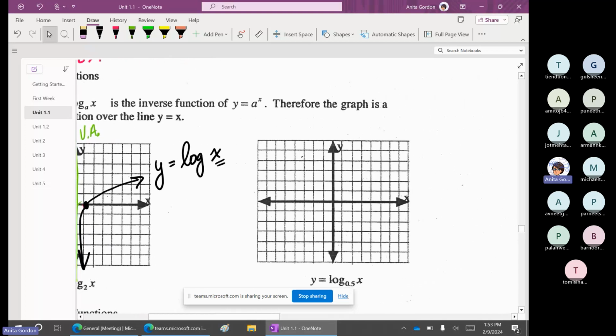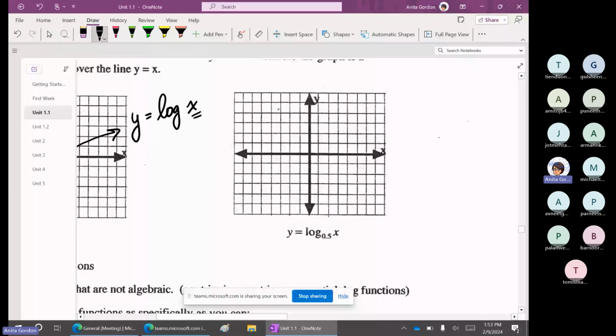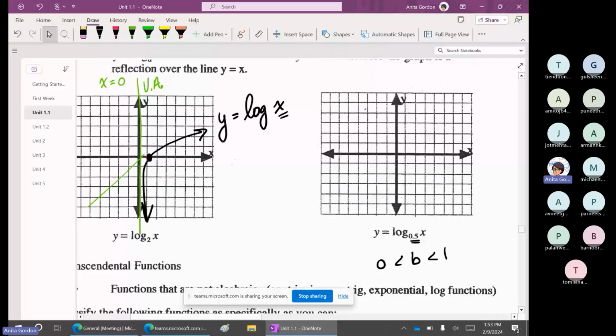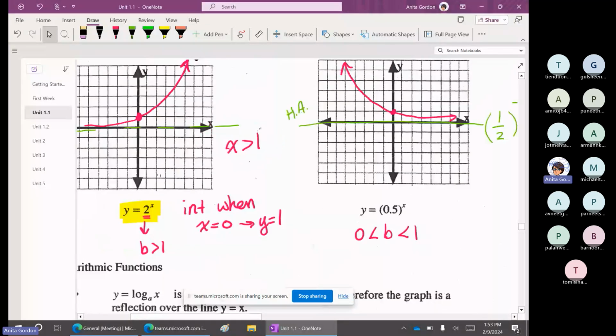What if the base of my log is between 0 and 1? So it's a small fraction. Log x, the generic one with a base greater than 1, we have the reflection of this graph, the exponential.